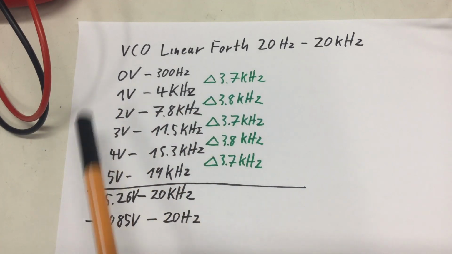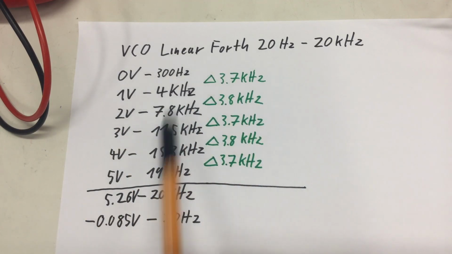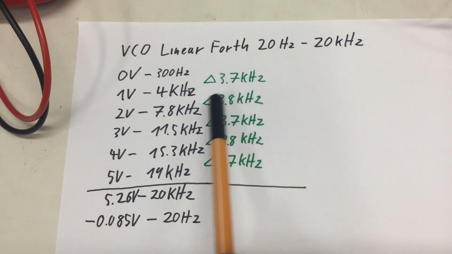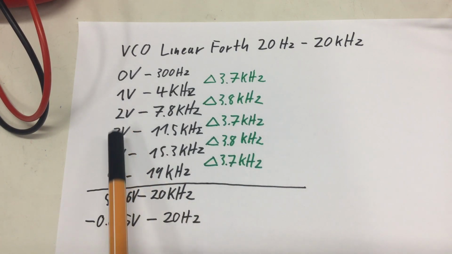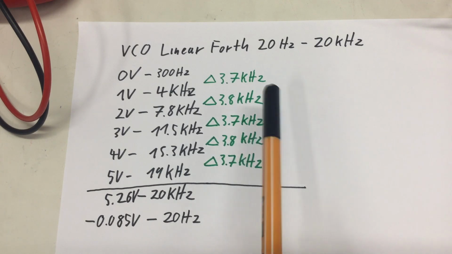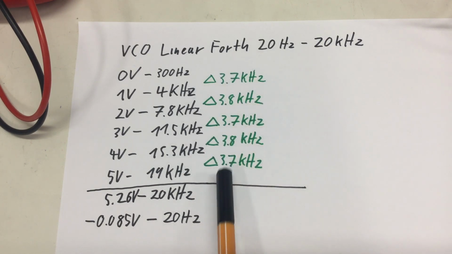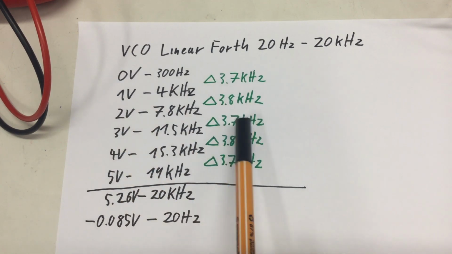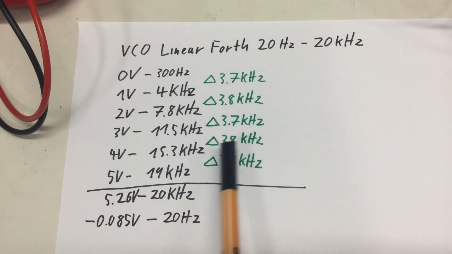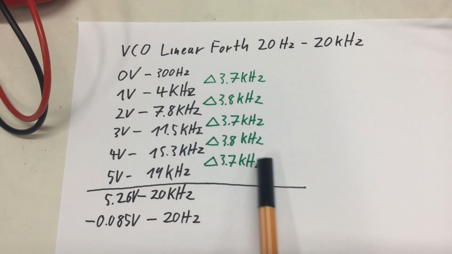If you look at the measurements I took and the frequency delta between each voltage step, you see the VCO is behaving, in fact, in a linear fashion. So delta 3.7 kilohertz, 3.8 kilohertz, 3.7 kilohertz.